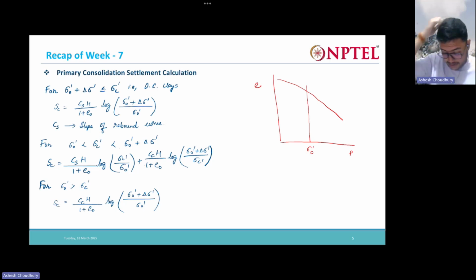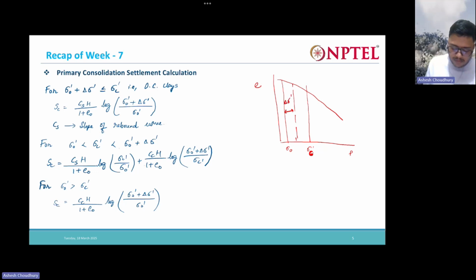If the initial stress of the soil is here, sigma naught, and then after increasing the stress, the first case is sigma naught plus delta sigma, where sigma naught is the initial stress and the increase in stress is delta sigma. Now, even after increasing the stress, the stress is less than sigma c, the pre-consolidation stress, that means it stays here itself. So this much is our delta sigma. This is the first case.